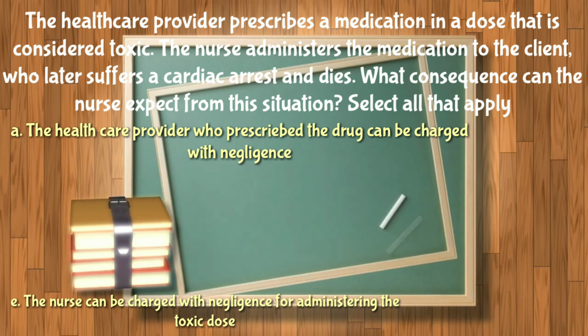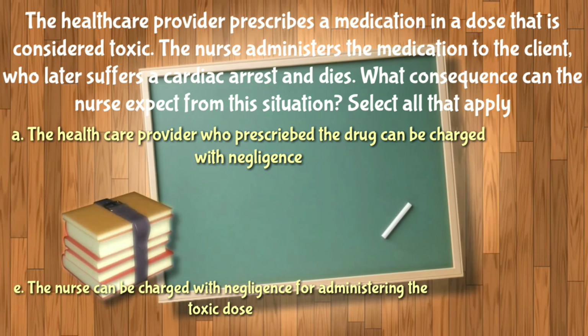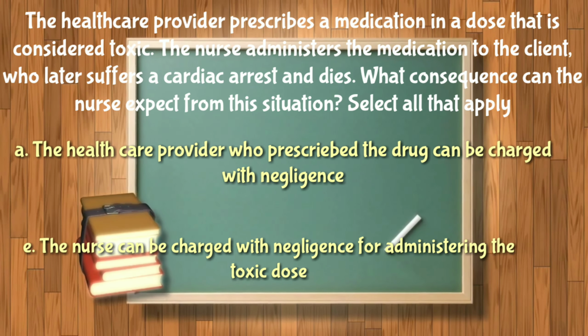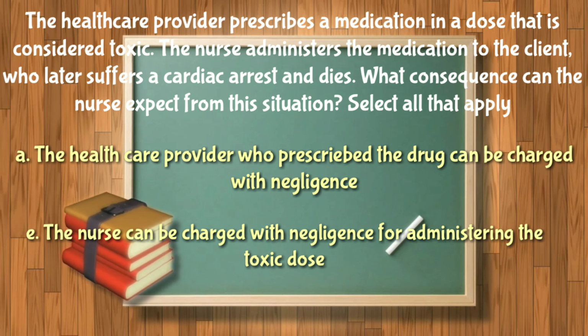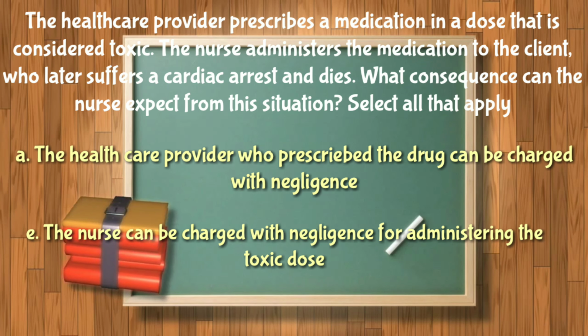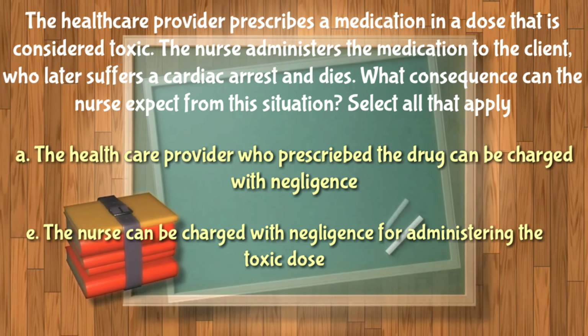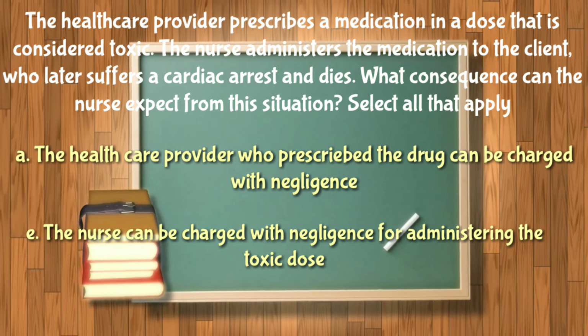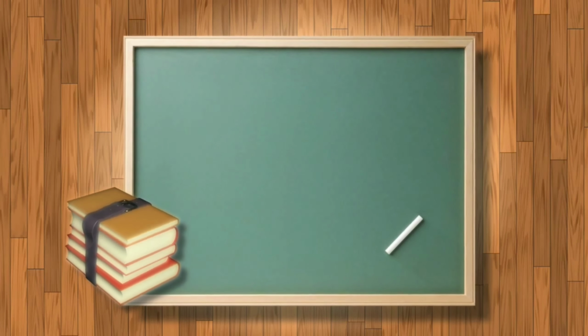That is why the correct answer is letter A and letter E. Because healthcare providers who prescribe incorrect dosage of medication are liable for their errors. The nurse is open to a charge of negligence for failing to verify and question the incorrect doses. So let's proceed to number 8 question.